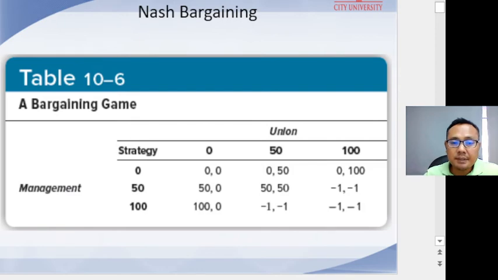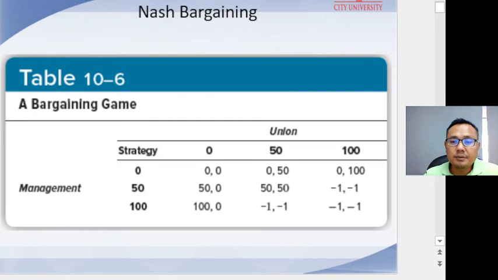In table 10.6, we present the normal form of this hypothetical bargaining game. If you were management, what amount would you ask for? Suppose you wrote down $100. Then the only way you would get any money is if the union asks for 0.